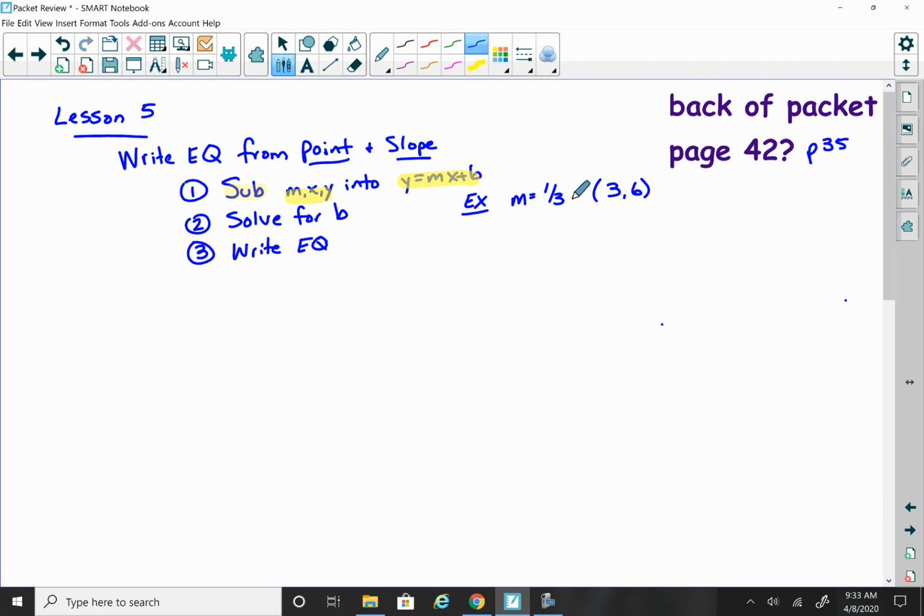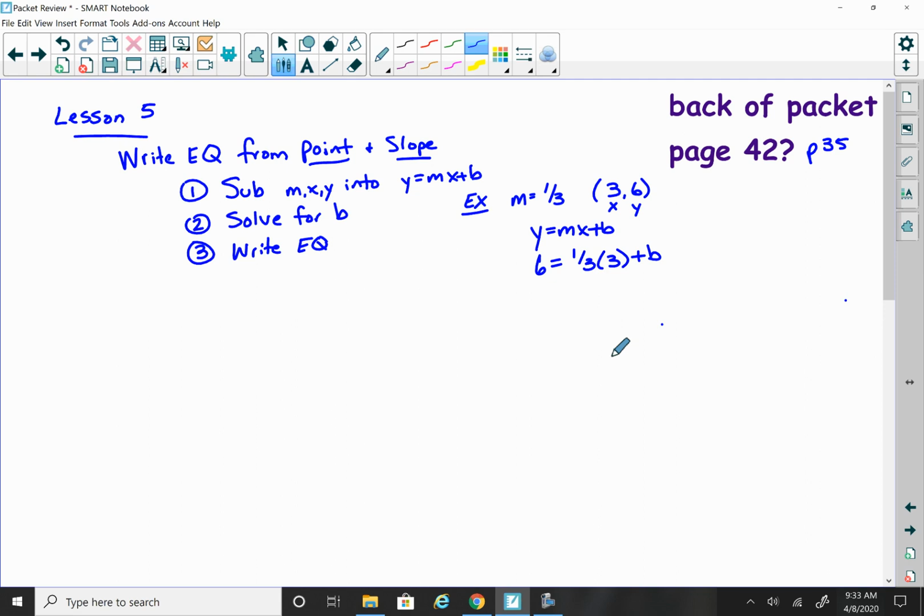My slope is 1/3, my x is 3, my y is 6. So taking y equals mx plus b, we plug in 6 for y, 1/3 for m, and 3 for x. As I substitute in those values, I get 6 equals 1/3 times 3 plus b.